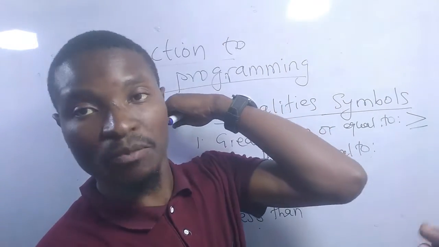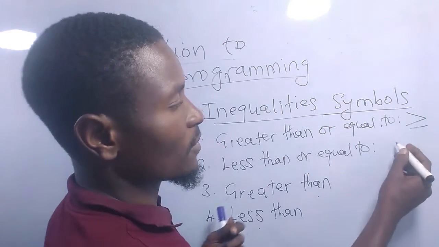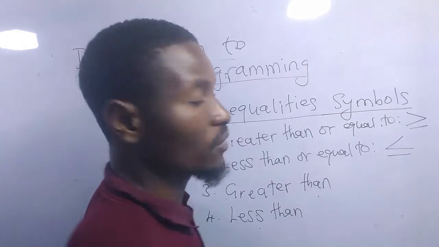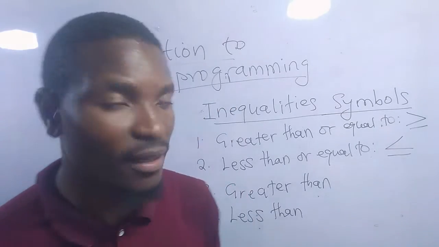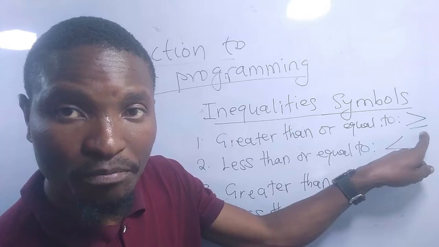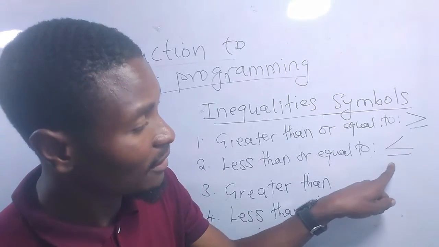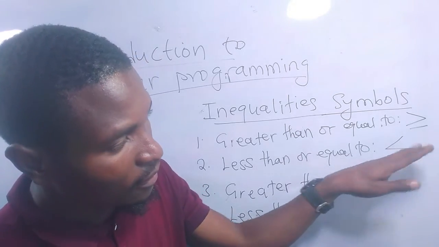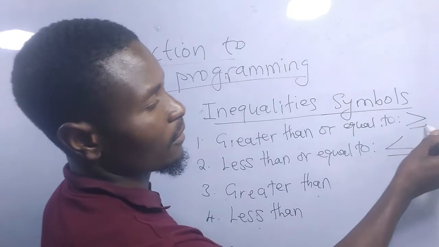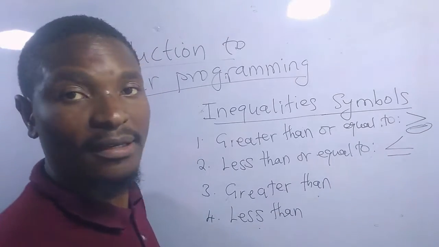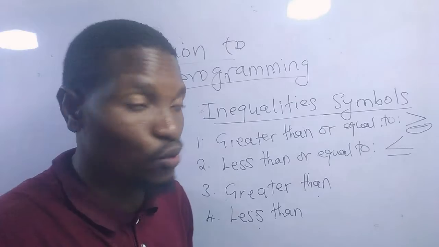Now you start with this part, okay? Less than, so less than or equal to. Now remember that these are the down parts. The down part, when you write this one, is what means equal to.